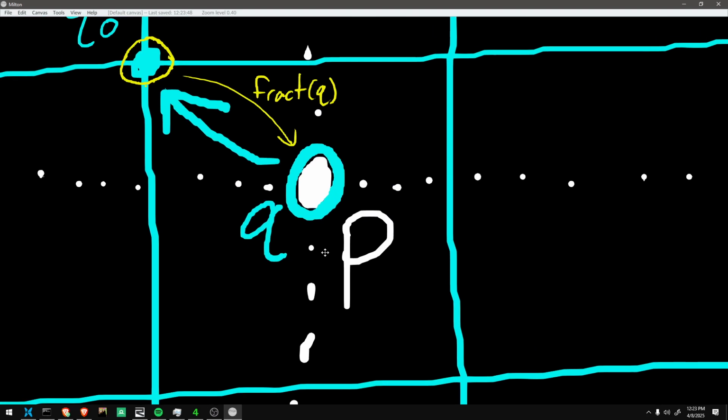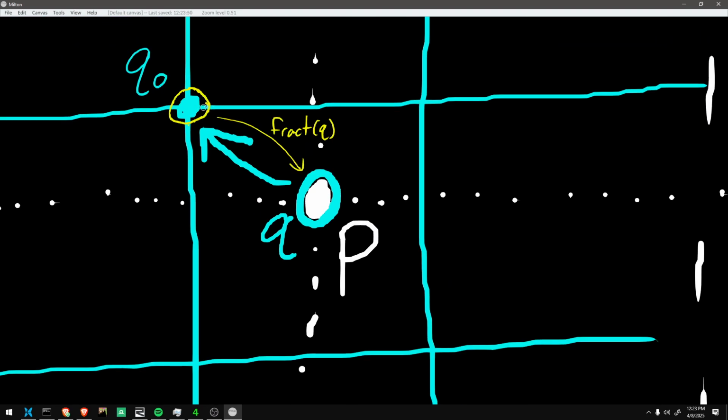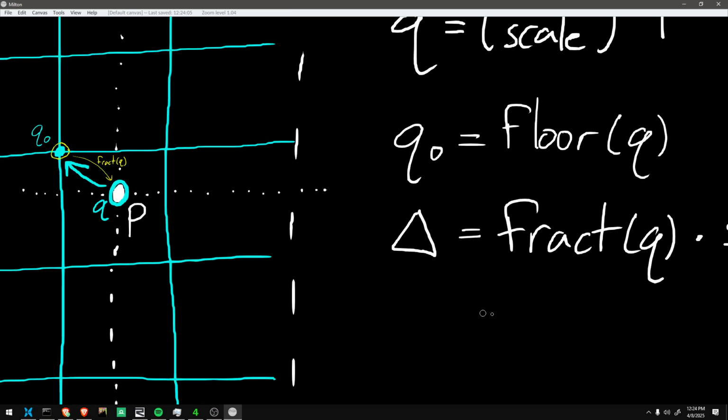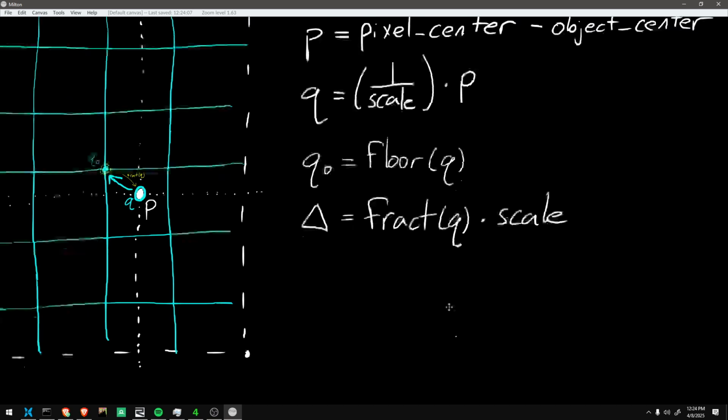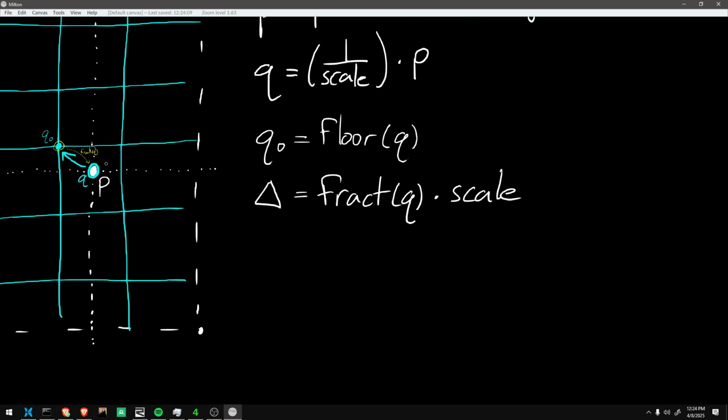The fractional part of Q could be 0.5, but if we are drawing this as a 10 by 10, if this large source art pixel covers 10 screen pixels, then the fact that we're halfway through means we've covered 5 pixels already, right? So the fractional part of Q times the scale gives us the delta, the size of that piece there.